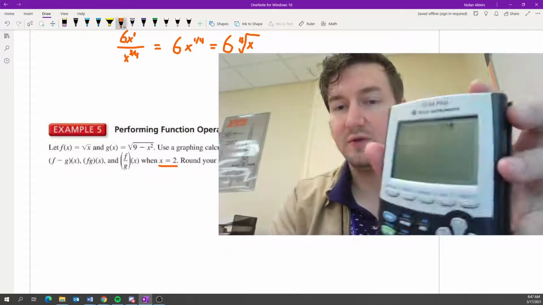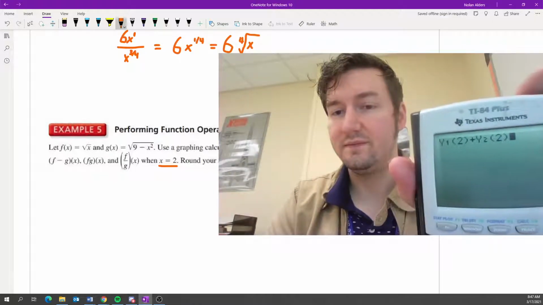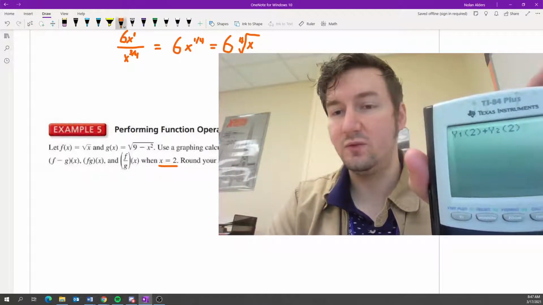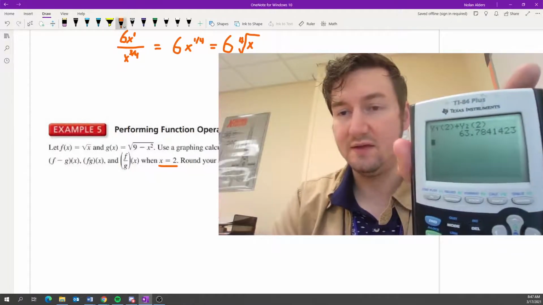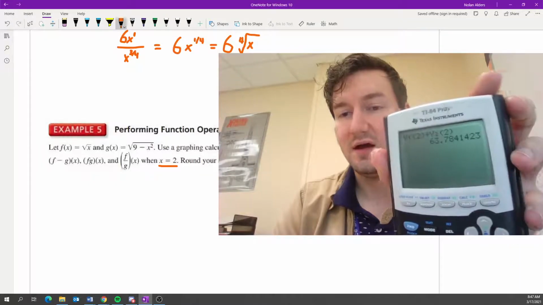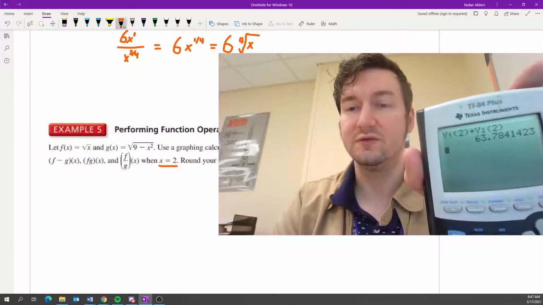So we're saying take y1 and add to it y2, both evaluated at 2. Press enter, and it'll give us an approximation of what that function is equal to at that point.